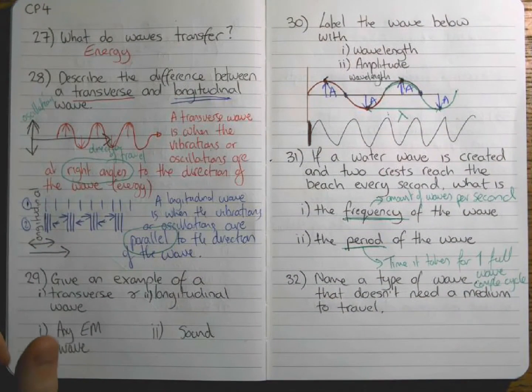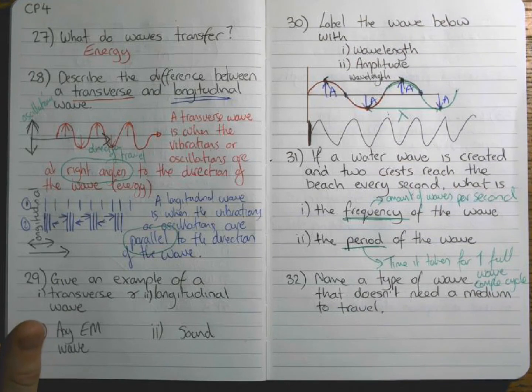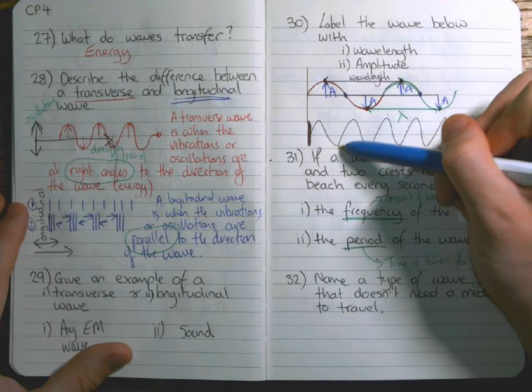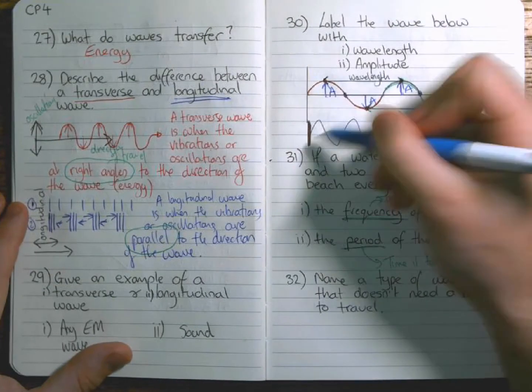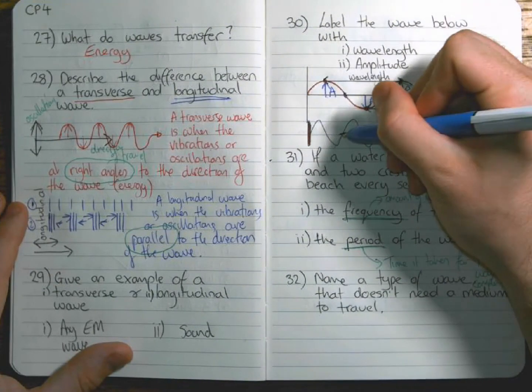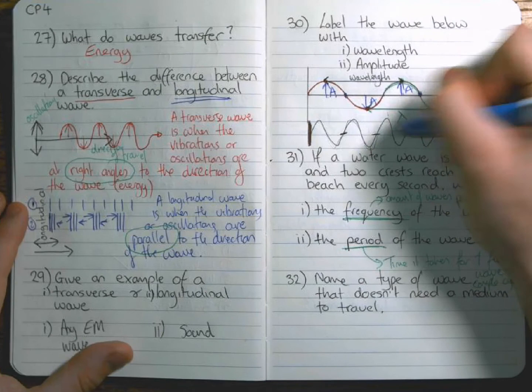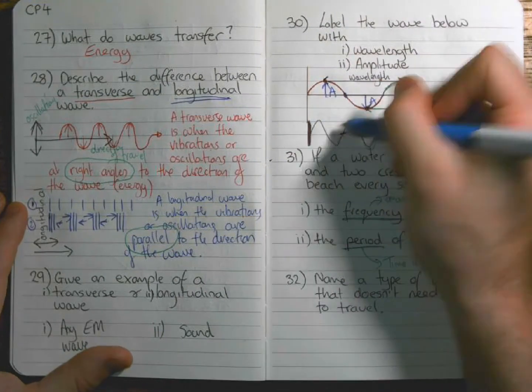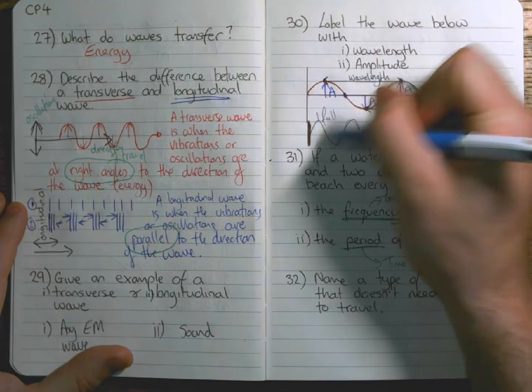Not brilliant, but I think you get the idea. So the time period is the time that it would have taken me to go up, down and back to that point, one full wave. The same time it should have taken to do that, to do that, to do that. So that there is one full oscillation.